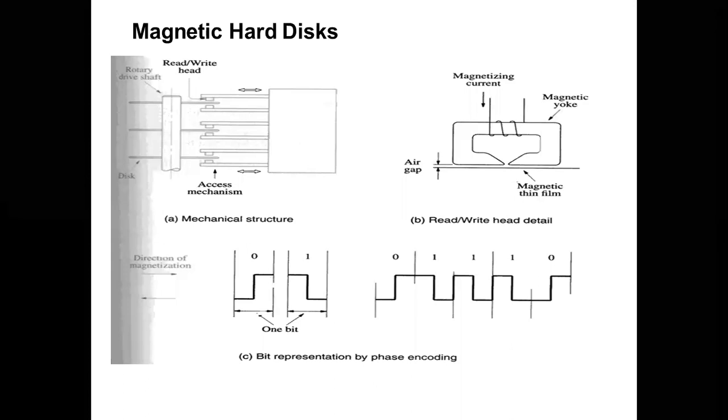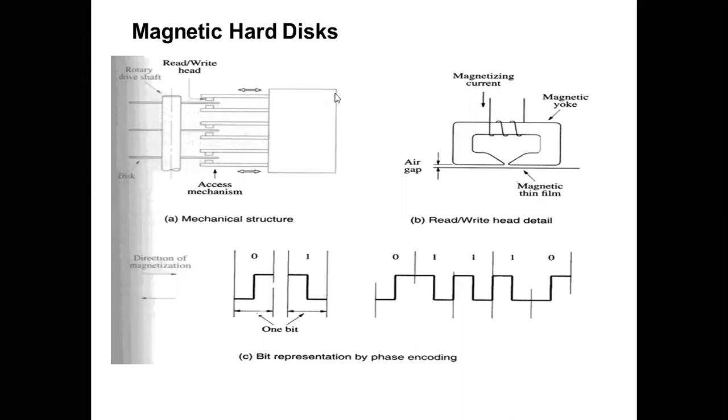Here you can see with the spotlight. This is the rotary drive shaft. In this shaft, you have different disks connected to it.